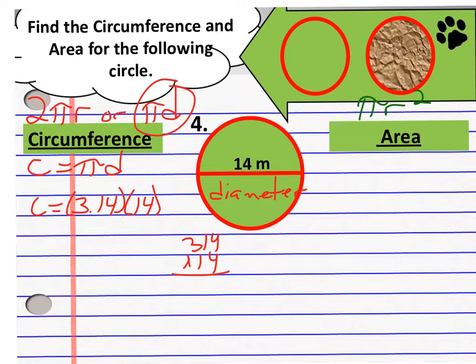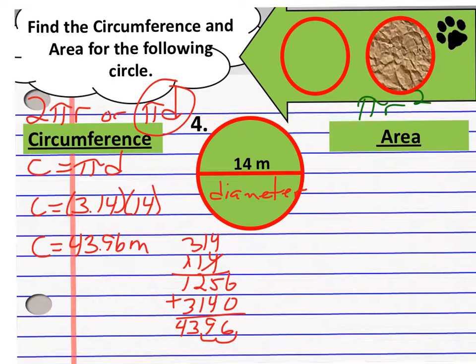We know 4 times 3.14 is 1256. Knock that off. And 1 times 3.14 is 3.14. Add straight down. Move over twice. And your final answer is circumference equals 43.96. And of course, meters.